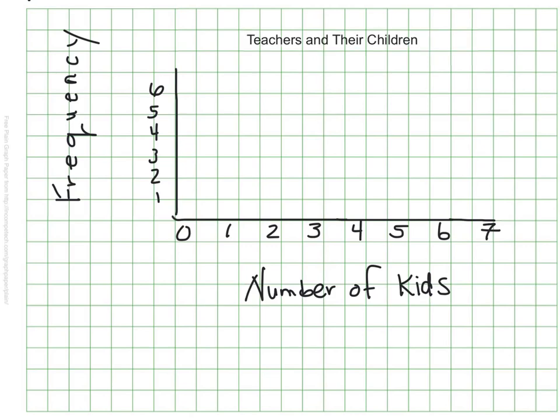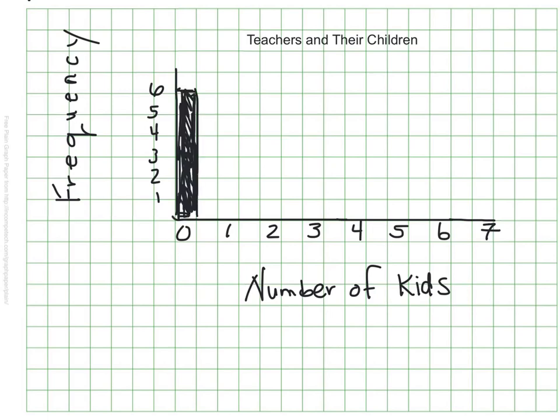Now I'm ready to put in my data. In a line plot, we used a symbol, maybe an X or a dot, to represent each result or piece of data that we had. This time we're going to draw bars that are as high as the number they represent. For 0 kids, there were 6 people who said they had 0 kids. I need to record a frequency of 6.